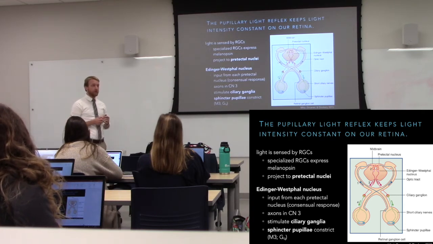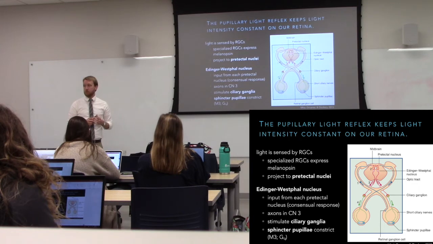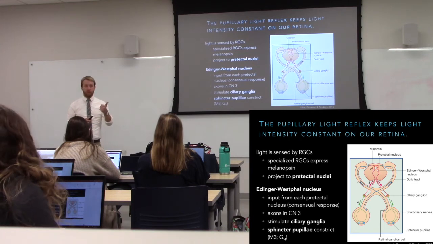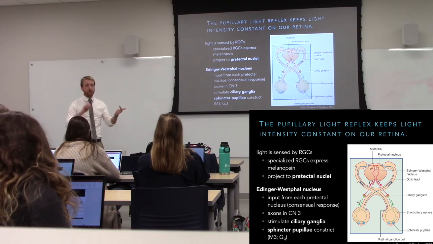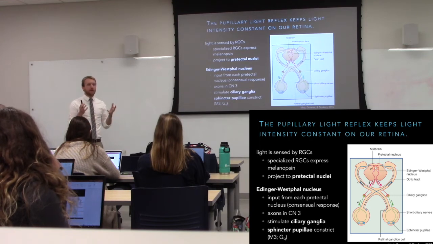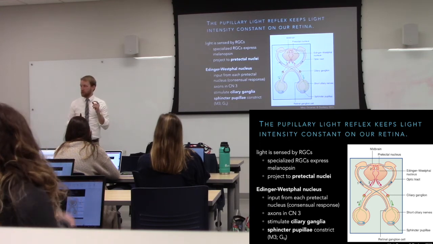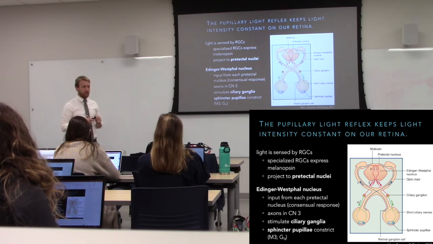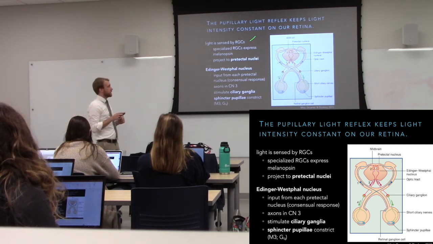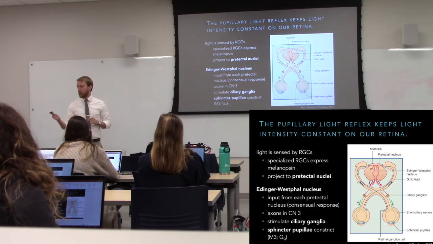Normally, retinal ganglion cells get input from photoreceptors via bipolar cells. We'll cover this later. But they don't actually sense light directly, except for this special case here. Those retinal ganglion cells are going to project to the midbrain or to the hypothalamus.